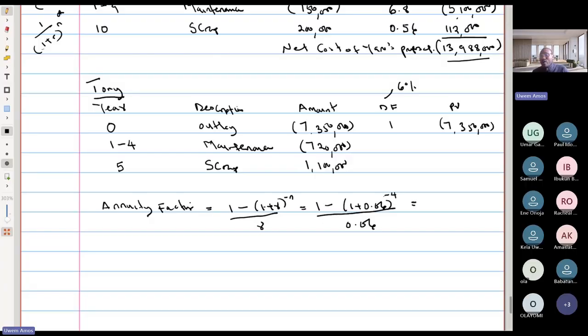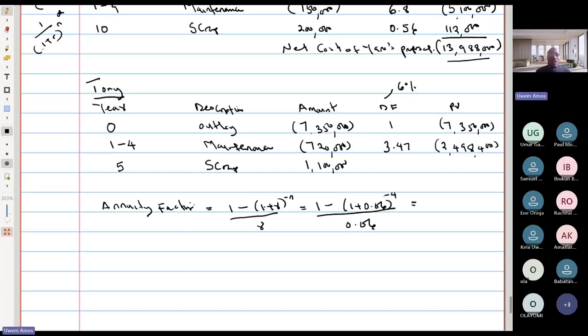Okay, so what do we have? Let me use my calculator. So that's 1.06 raised to the power of minus 4, minus 1, divided by 0.06, which gives me 3.47 on average. So 3.47 multiplied by 720 gives me 2,498,400.